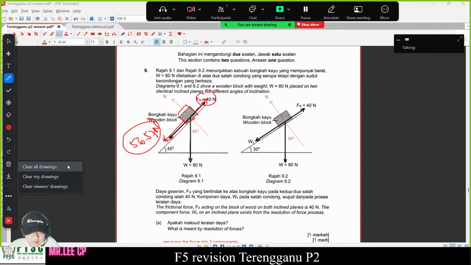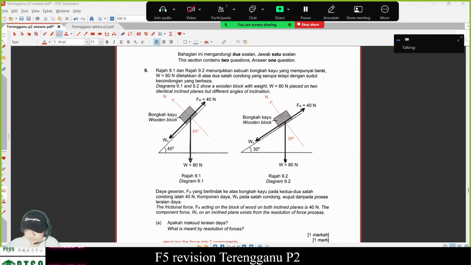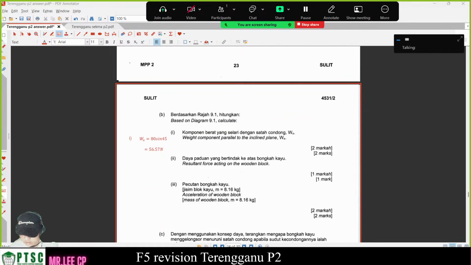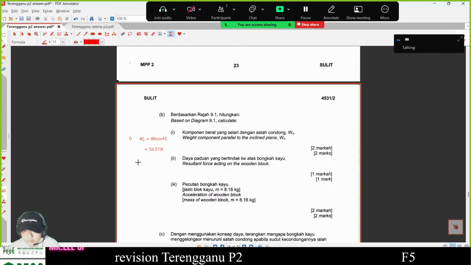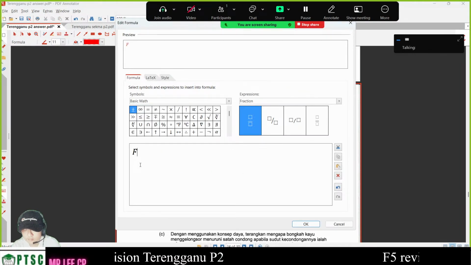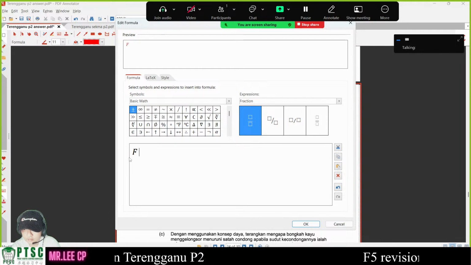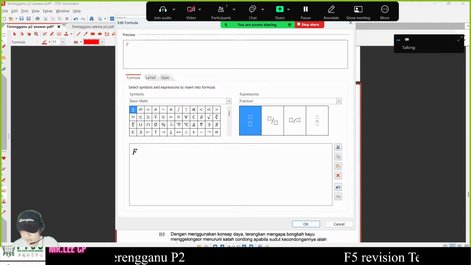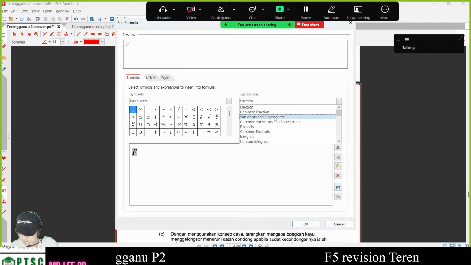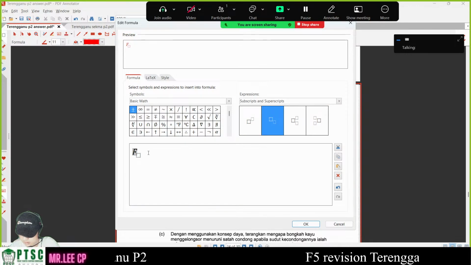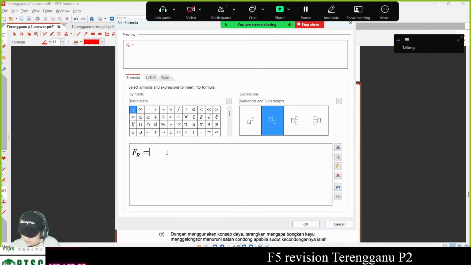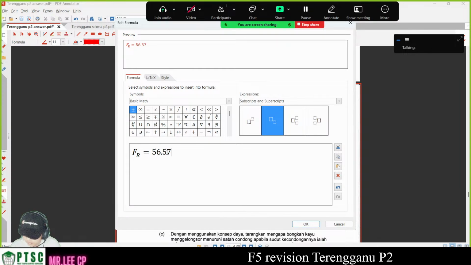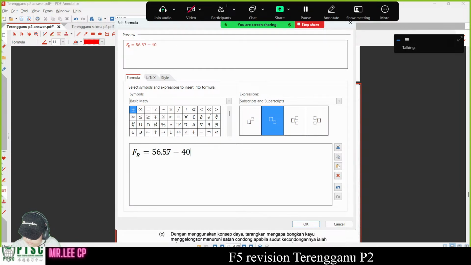So the resultant force is a big one minus a small one. So resultant force, we are using R. Resultant force is 56.57 minus 40.